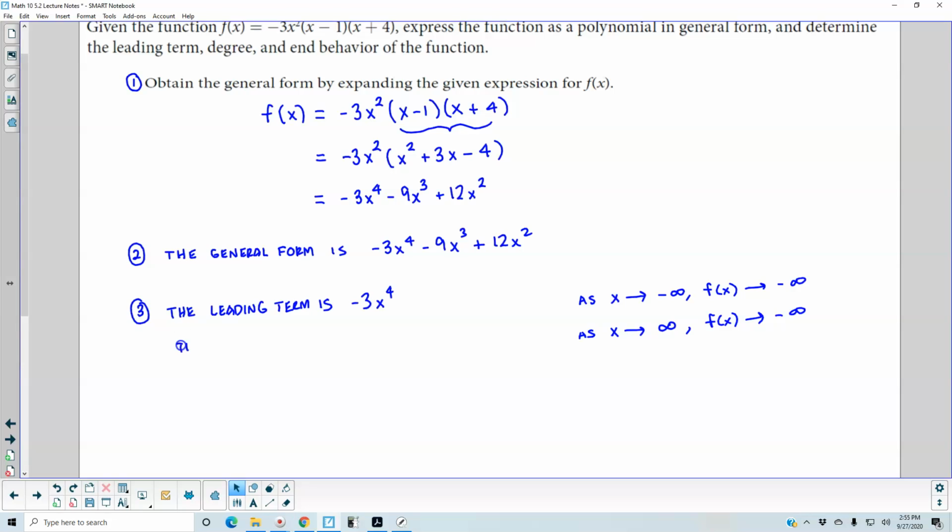Okay, the degree is then the power of that term. So the degree is 4. And now we need to figure out what is the end behavior.